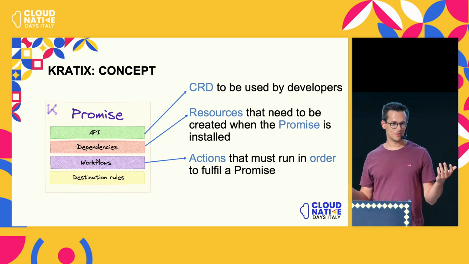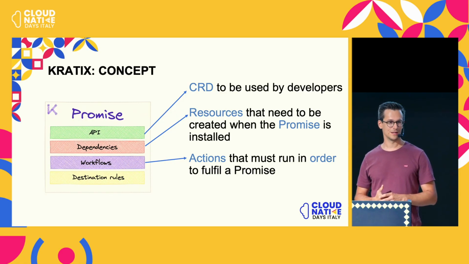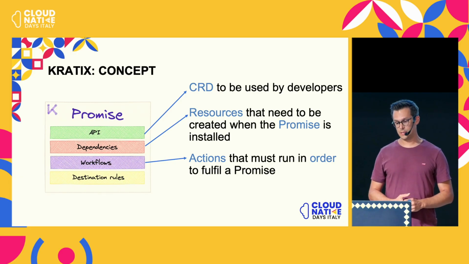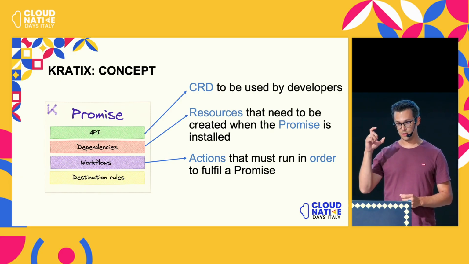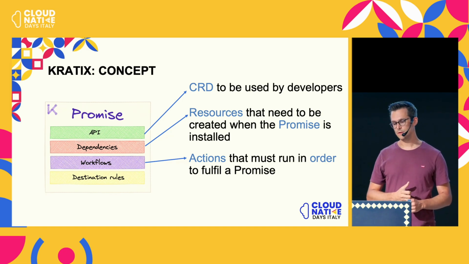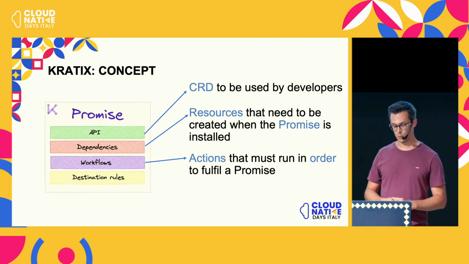I mean, it's a container. You can do whatever you want in that container, use whatever language you want, and configure it up to your needs. And if these workflows run through successfully, I mean, under the hood, they're just Kubernetes jobs in the end, or pods, then the promise is fulfilled, which is what you want in the end.